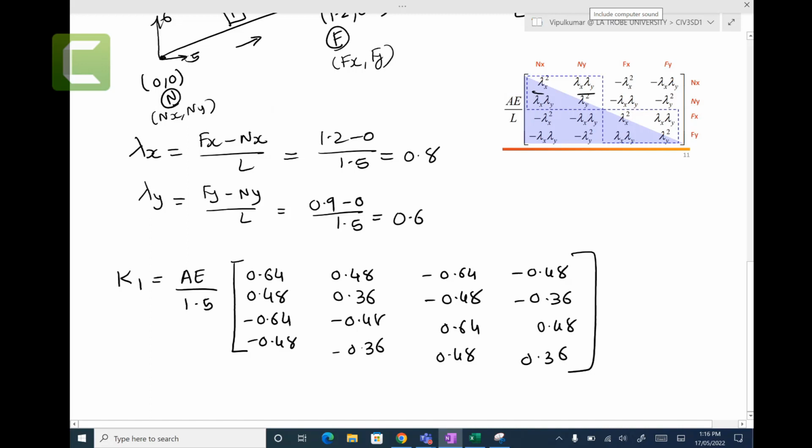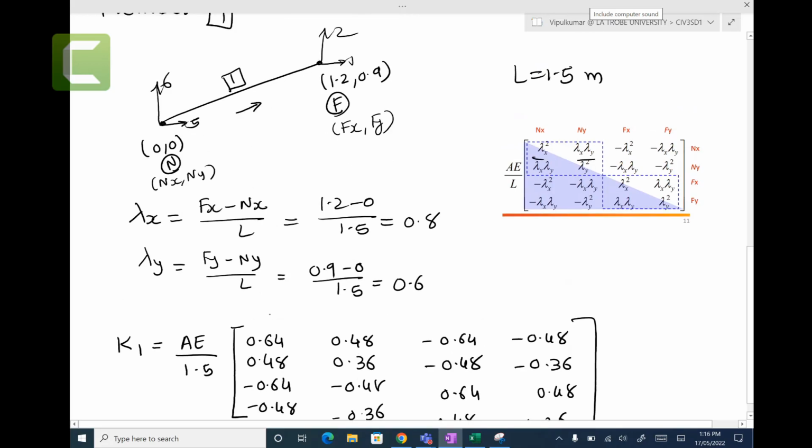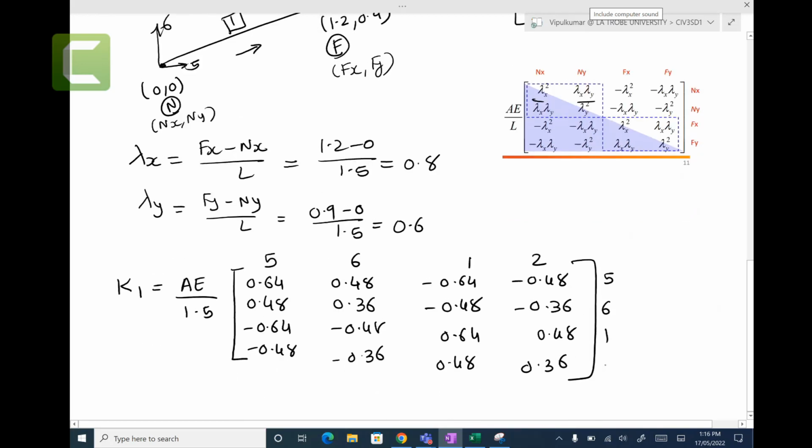It's a symmetric matrix, so you never get it wrong. The numbering that we're going to use is 5 6 1 2, 5 6 1 2. So near node X, near node Y, far node X, far node Y, and similarly this one. Any questions?